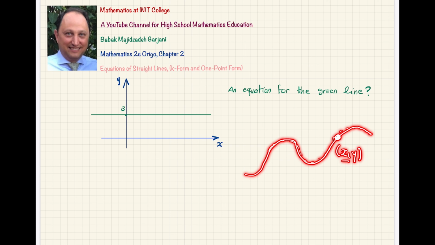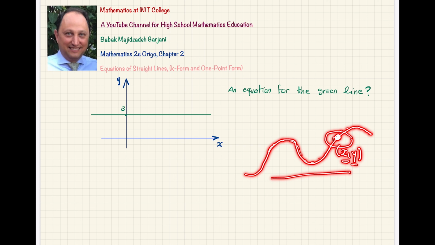So that is the meaning when I ask you to find an equation for a shape, for a figure. It means pick a typical point from that shape and use the properties of that shape to establish a relation between x and y coordinates of that typical arbitrary point that you have chosen. As soon as you have that equality, it is called the equation of the curve or whatever shape you have.